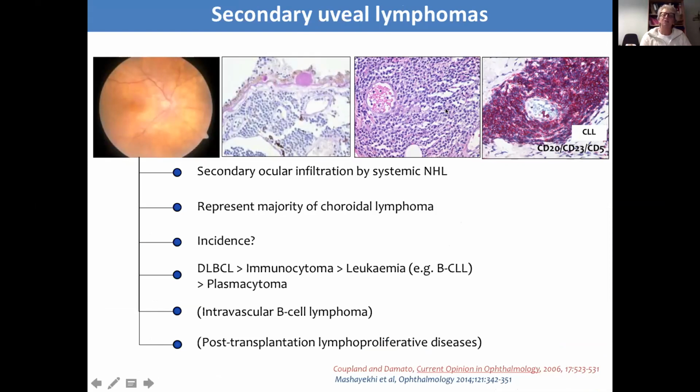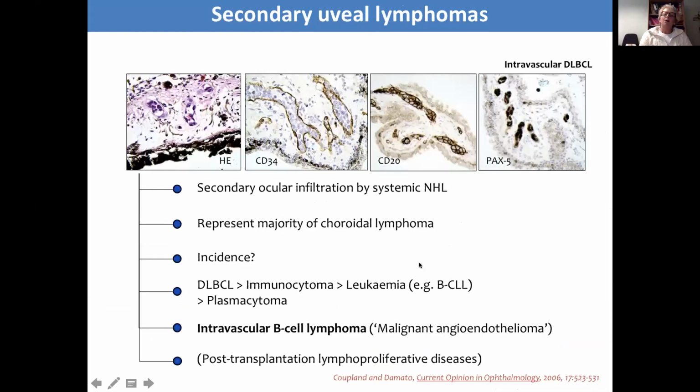And this here is an example of a CLL, a chronic lymphocytic leukemia occurring within the choroid. And an example of an exceptionally rare case of intravascular B-cell lymphoma, which was seen in this case and was extensive not only within the choroid, but also within the anterior uveal structures.